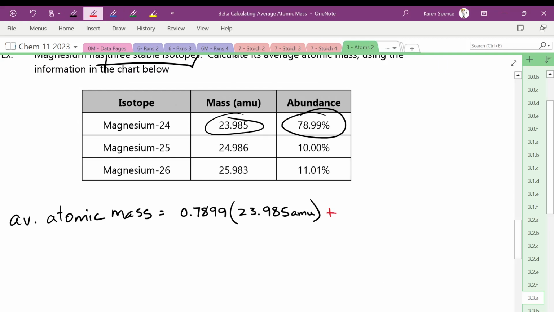Our second one, 10%. So 0.1000 times 24.986.